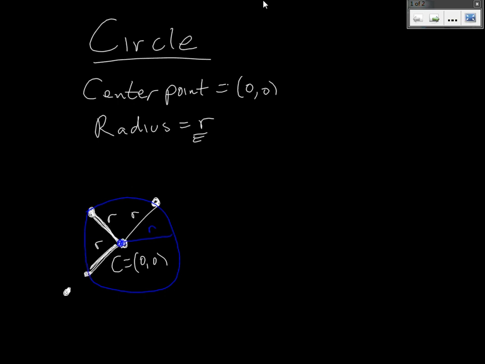A circle given a center and a radius R is the set of all points that are R units away from the center. Let's even write R units.